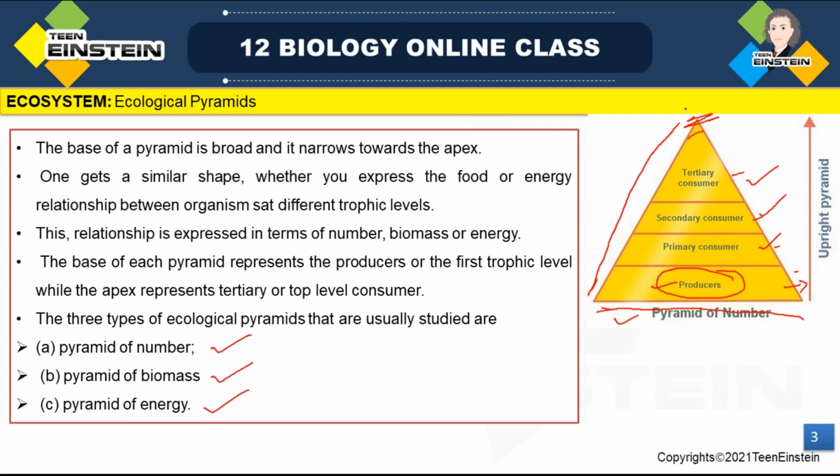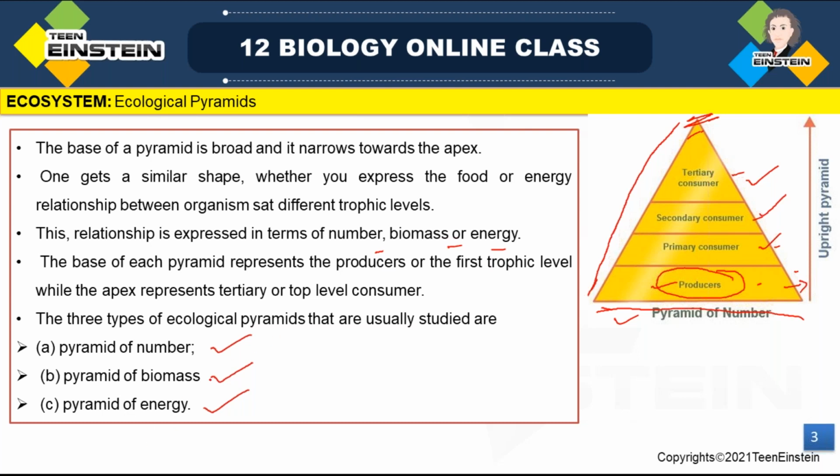This relationship is expressed in terms of number, biomass or energy. At the base of the pyramid, you can see the producer, the first trophic level. At the apex is the tertiary consumer or top level consumer.